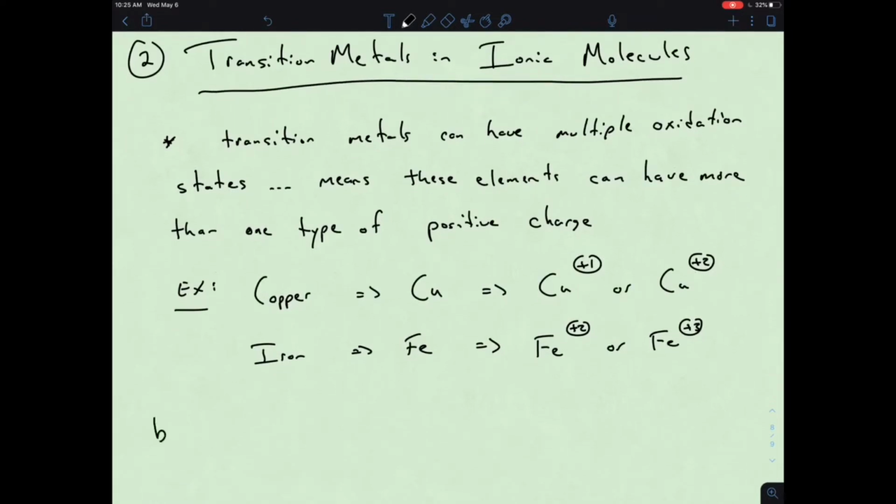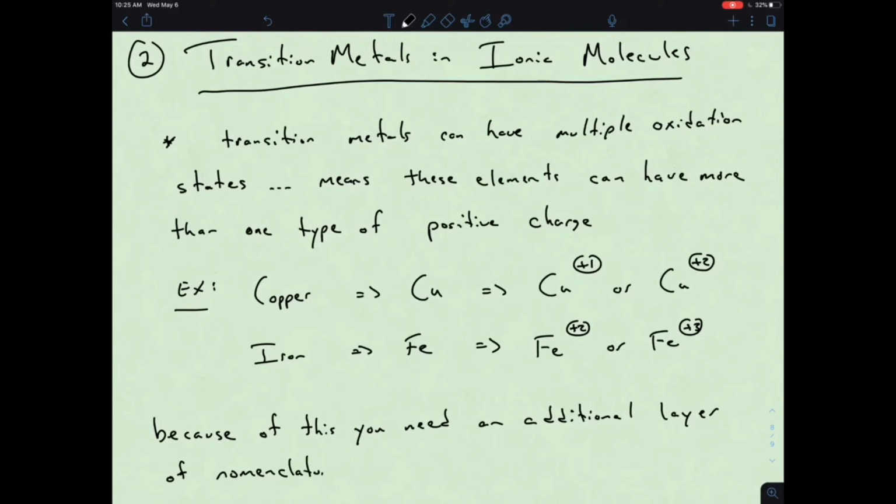So because of this, you need an additional layer of the nomenclature, basically, to know the charge on the transition metal.